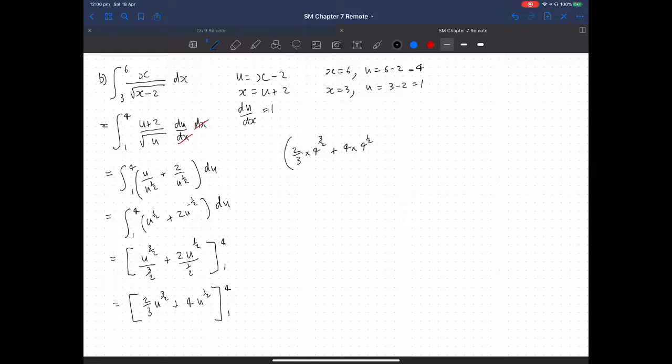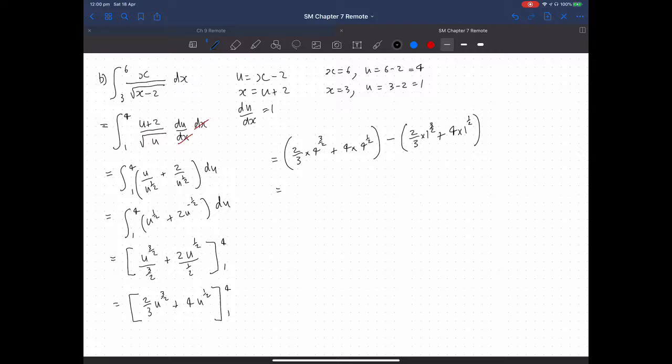Remember, two terms, they're in one set of brackets. Minus within another set of brackets, substituting the 1, 2/3 times 1 to the 3 on 2 plus 4 times 1 to the half.